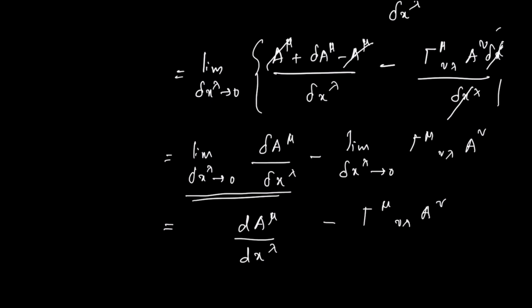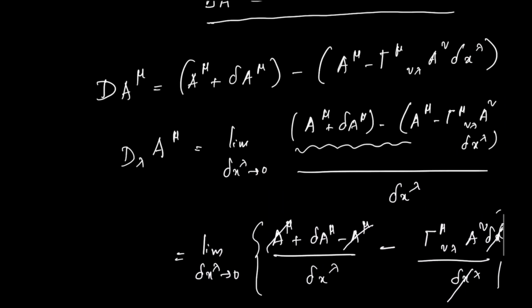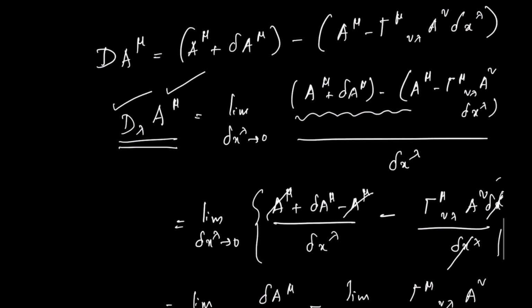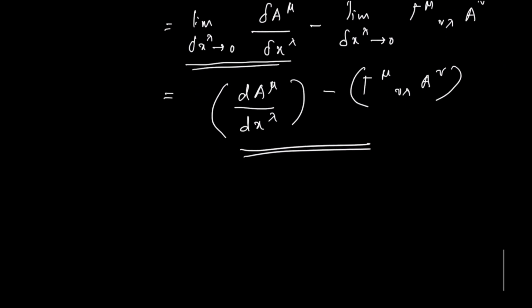So this is the covariant differentiation of a contravariant vector. A mu is a contravariant vector. I have taken the covariant derivative and it is given by the total derivative minus this term.